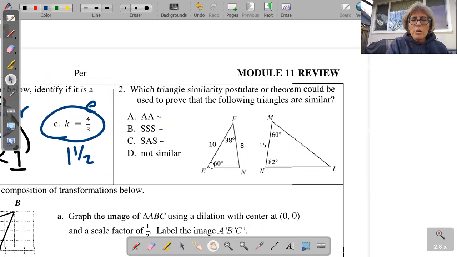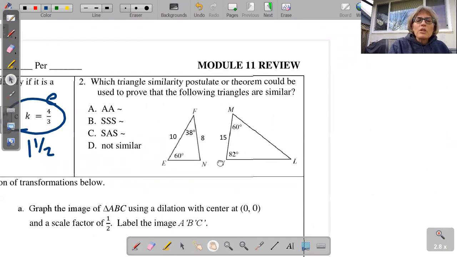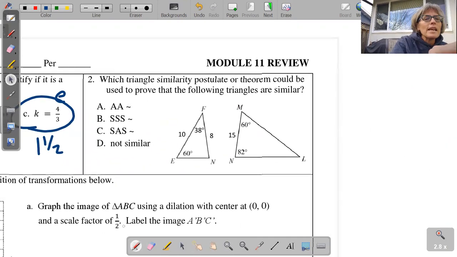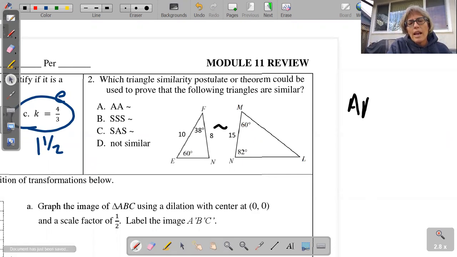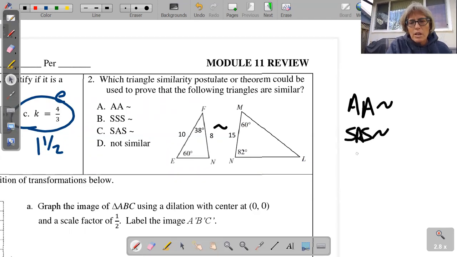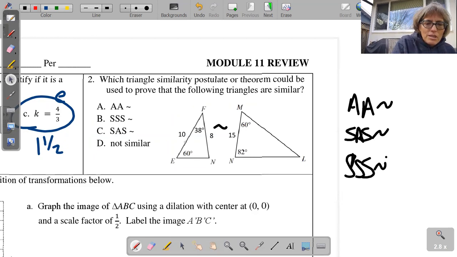Number 2, which triangle postulate or theorem would make the triangles similar? Similar means same shape, different size. And there's 3 of them: angle-angle similarity, side-angle-side similarity, side-side-side similarity. Taking a look here, we see that this is 60 and this is 60, so we at least have congruent angles.